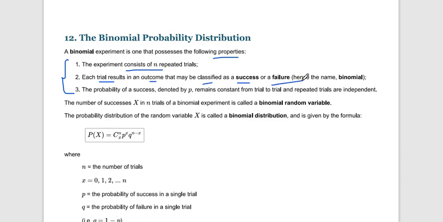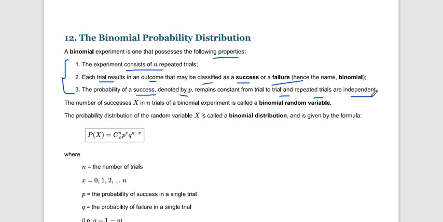Hence its name, binomial: bi means two. The probability of success is denoted by p, and the repeated trials are independent; they do not depend on the previous outcome. So these three properties have to be followed for the use of binomial probability distribution.